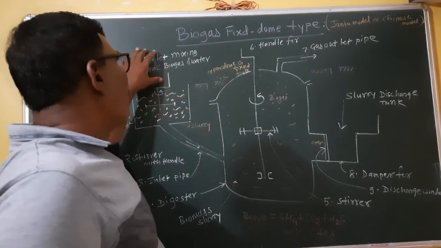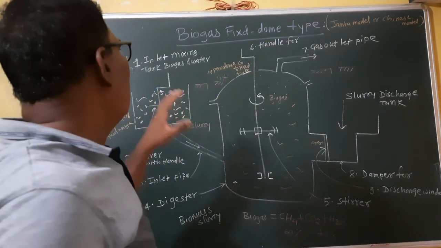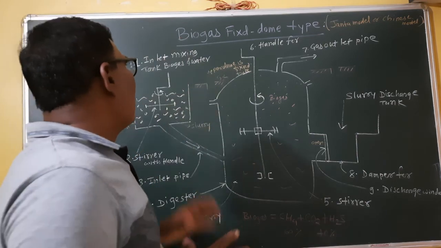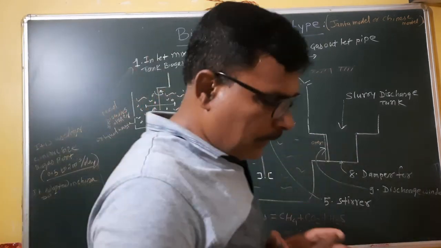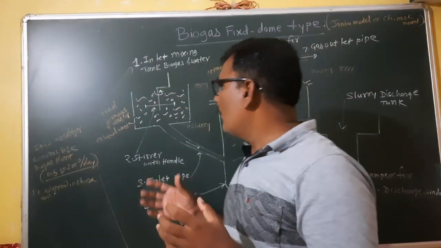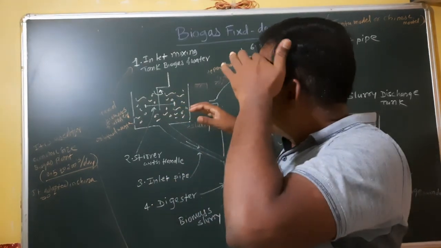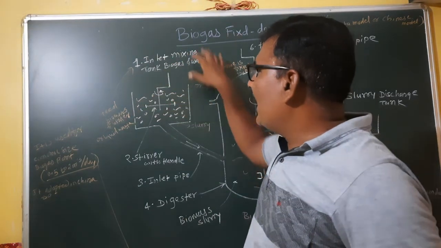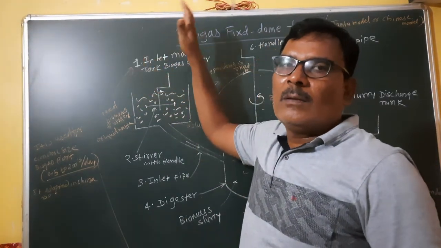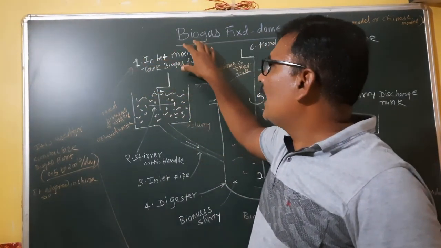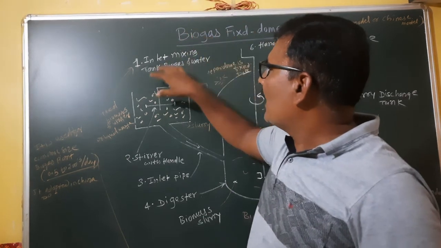The first important part in this type of model is the inlet mixing tank, for biogas and water. Firstly, we have to take some feed, biomass, water, that is liquid waste, in that tank. That is point number one: the inlet mixing tank.